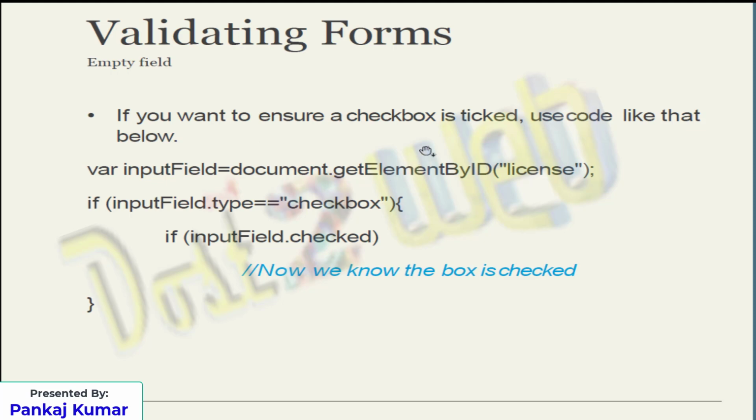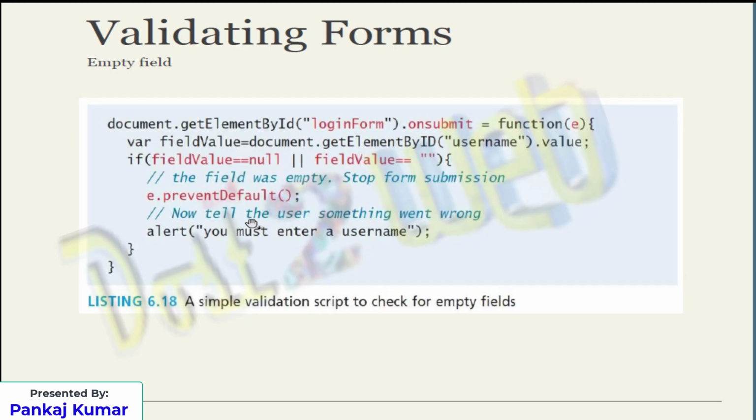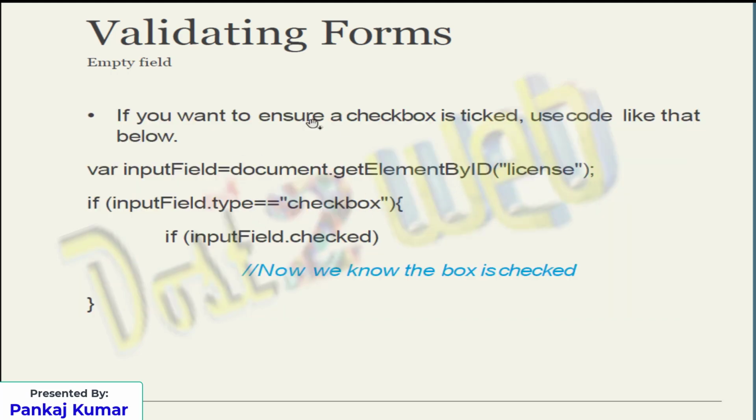Then you have to ensure that the user checks at least one. Then you have to validate the form again. It should not be empty, right? Then how can you do it? The same way, just check the input field, create a variable.